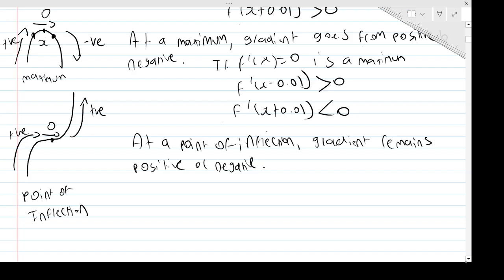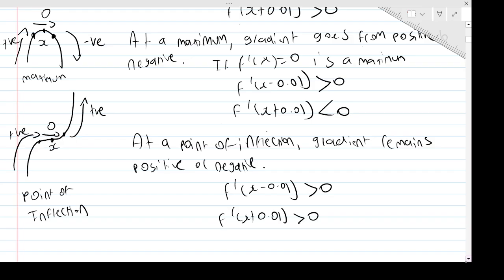So that means that therefore f dash of x, if we add or subtract 0.01, right? So either way, if we're to the left or to the right of the point x, if we subtract a small number, say 0.01, it would be positive, and if we add the number as well, if we go away from x, if we add 0.01, it will remain the same sign, because either side of my point x, to the left or to the right, the gradient is the same, right?